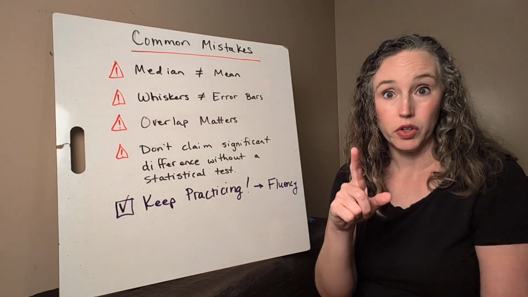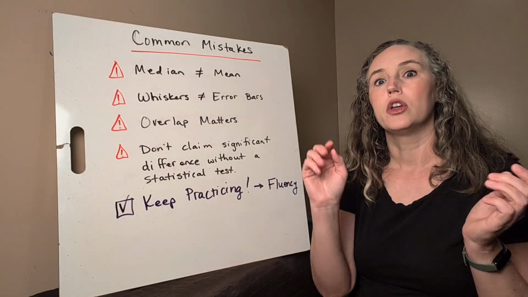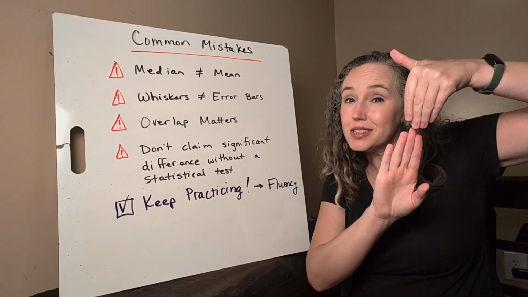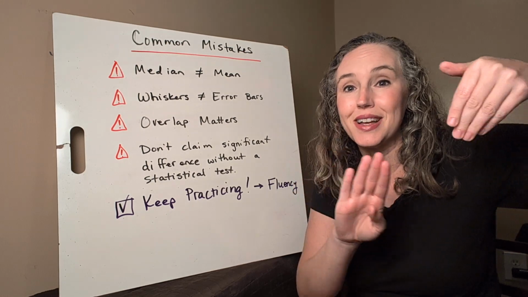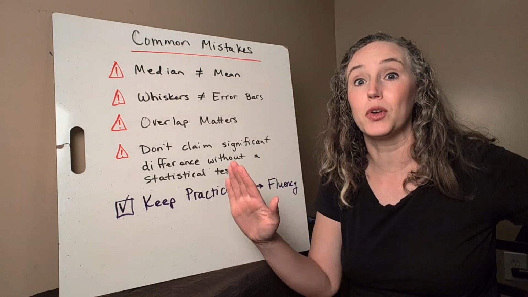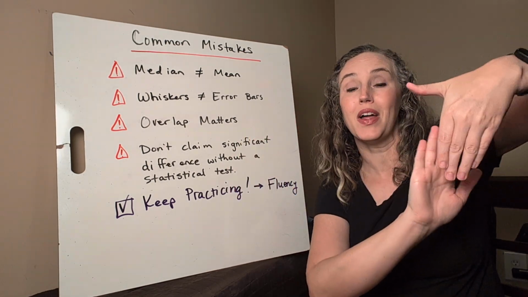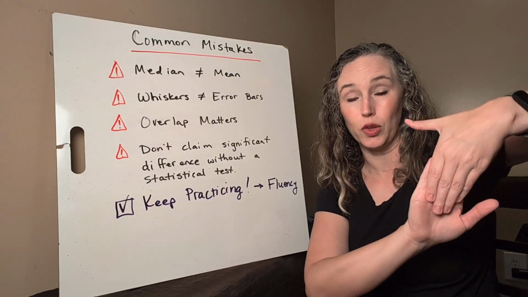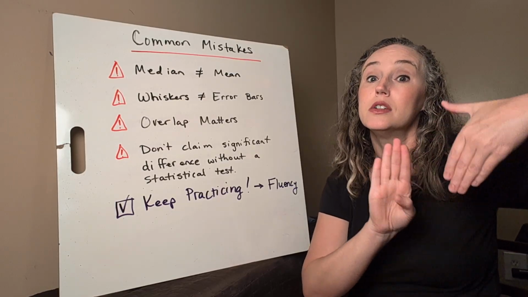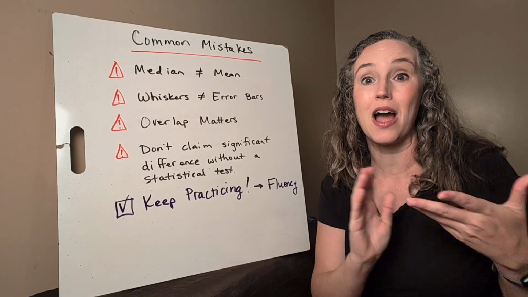Overlap does matter. So if your whiskers just overlap, then that means you just have a little overlap in data. But if your boxes overlap, that means there's a considerable overlap in the data from two groups. So what overlaps and how much matters.